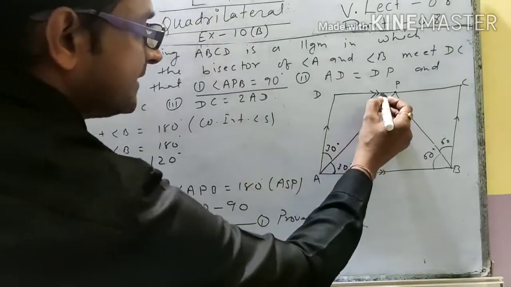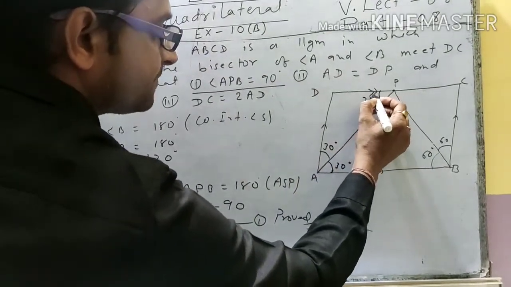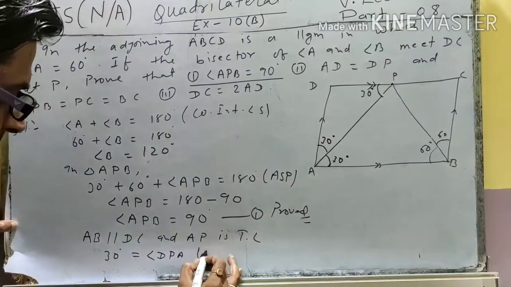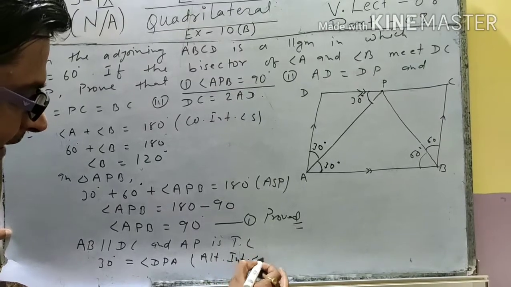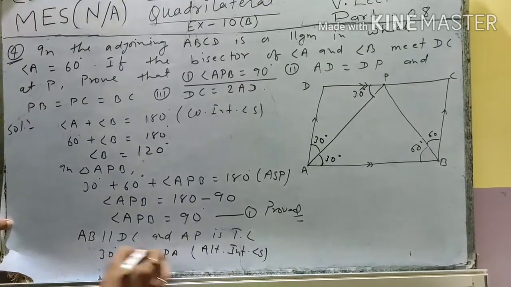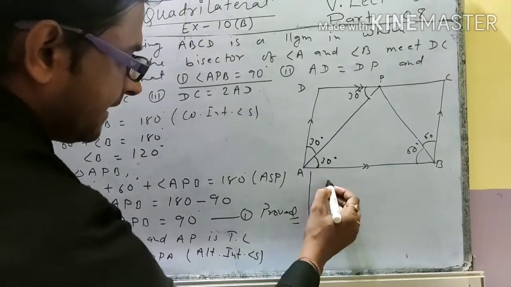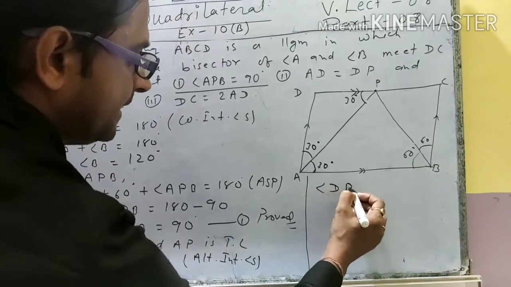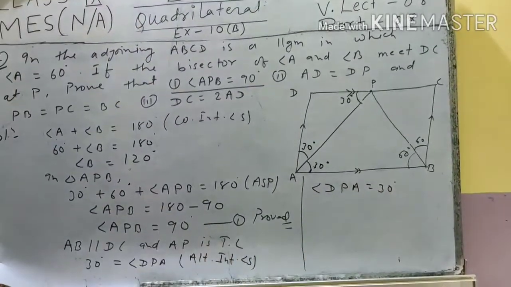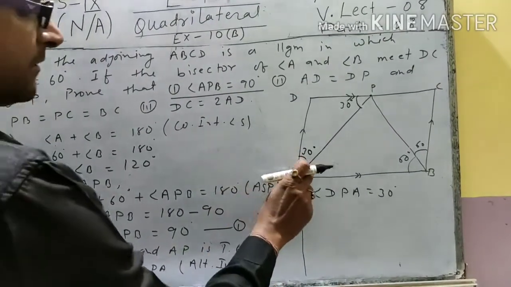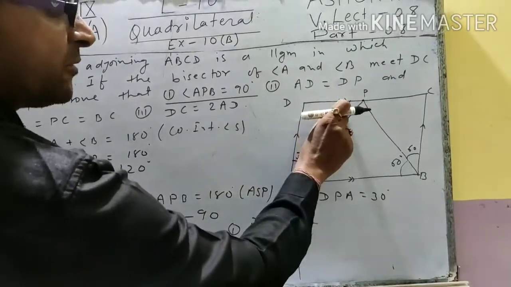If this angle is 30 degree, this angle is also 30 degree. Reason is alternate interior angles. So DPA is equal to 30 degree. Here angle DPA is equal to 30 degree. Okay student.